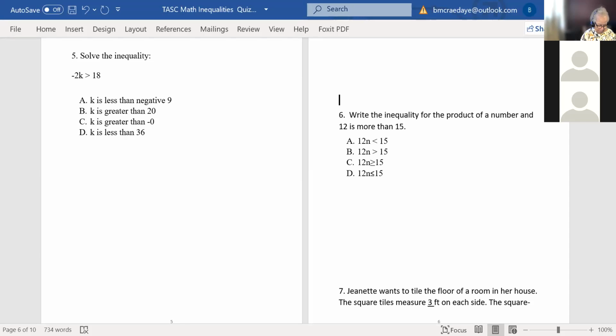Therefore, it's a little bit confusing. I put B for mine, but I'm not sure. Could be wrong.